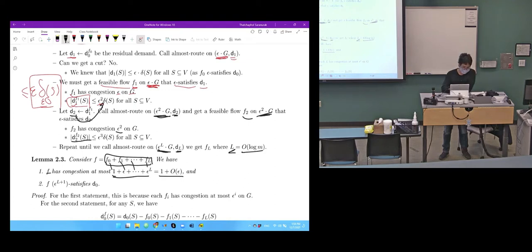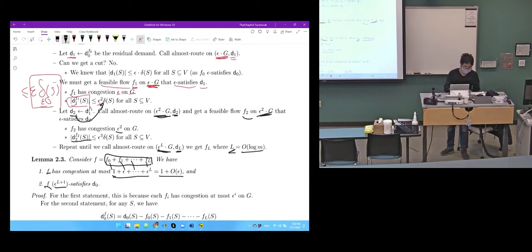But now this total flow would satisfy your original demand in a very accurate way. Not exactly yet, but up to epsilon to the L, and L is log n.